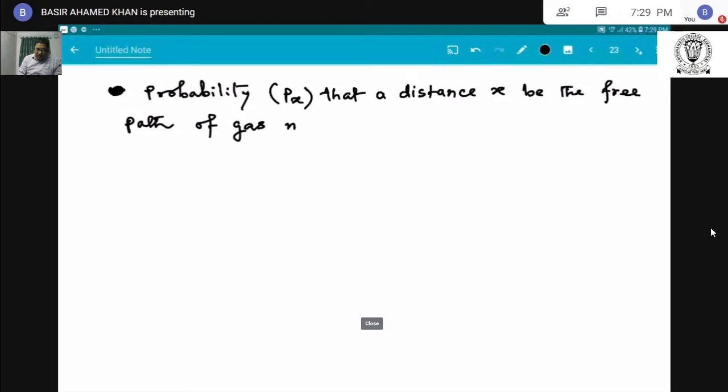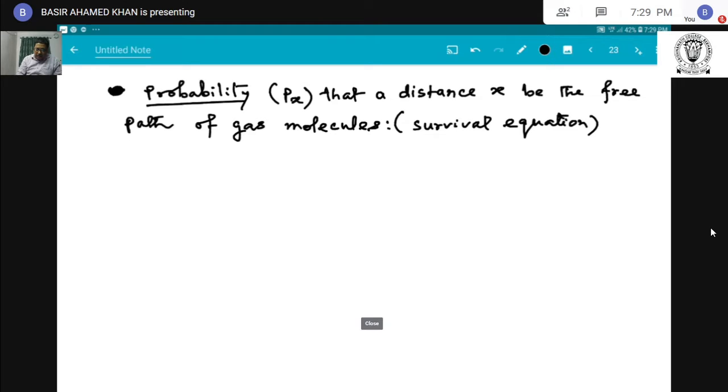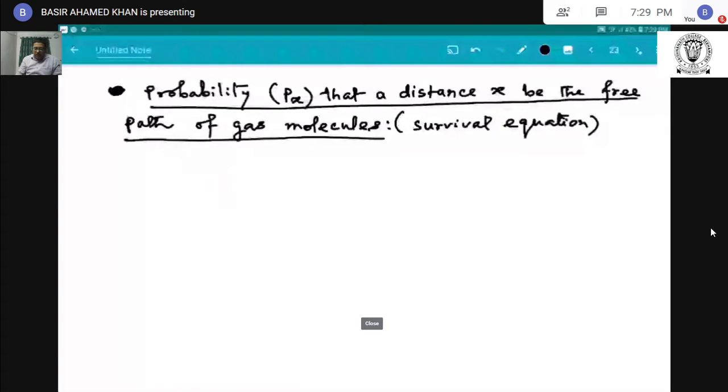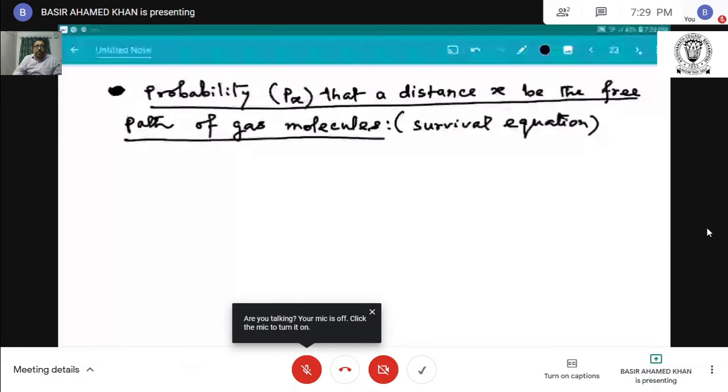That is the survival equation. I want to find the condition of probability that a distance x be the free path of gas molecules.